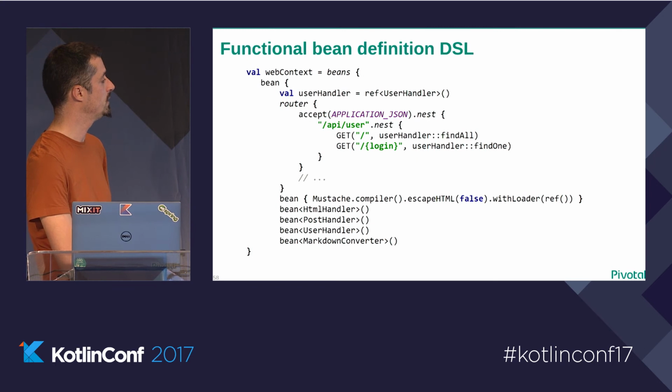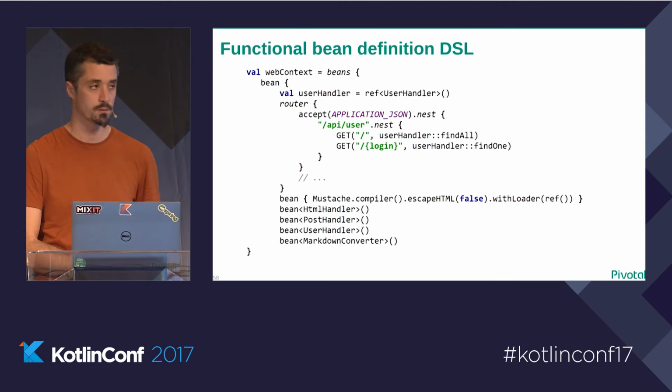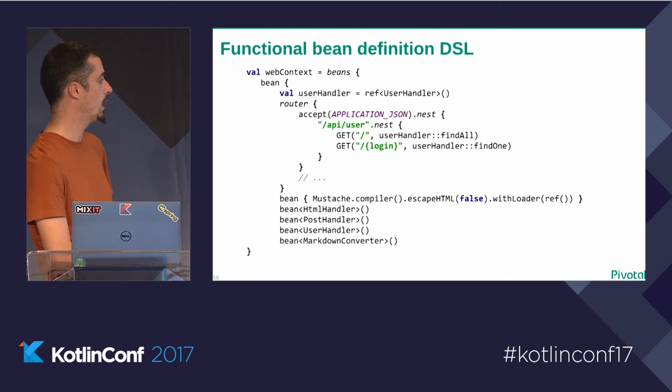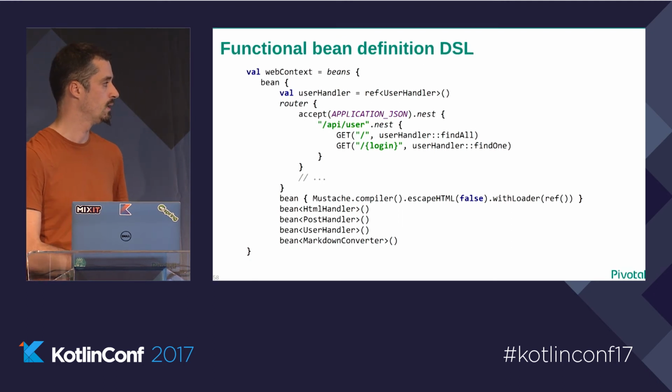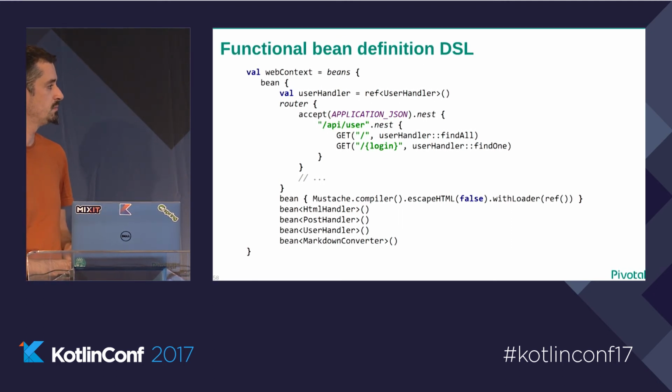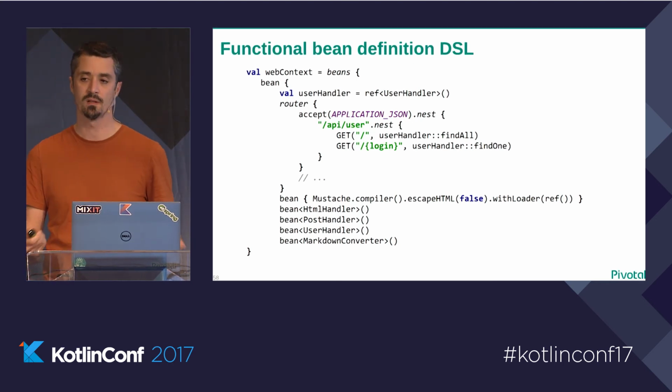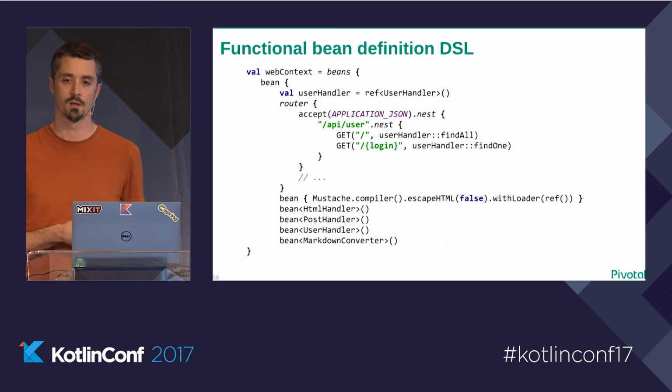I declare various beans. Here I just have to specify the type of the bean and it will be automatically autowired. Here I'm providing directly the implementation and instantiation of this bean. And thanks to Kotlin type inference, we avoid repeating the same code as in Java, which would be much bigger.